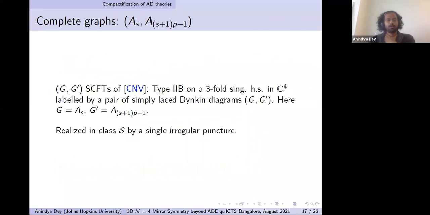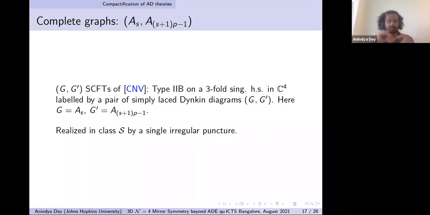All right. So now let's discuss the first family, the GG prime SCFTs of Cecotti, Neitzke, and Vafa. These are obtained by compactifying type IIB on a 3-fold singularity in P4. The 3-fold is labeled by a pair of simply laced Dynkin diagrams, G and G prime. And in our case, G and G prime are both of A type.